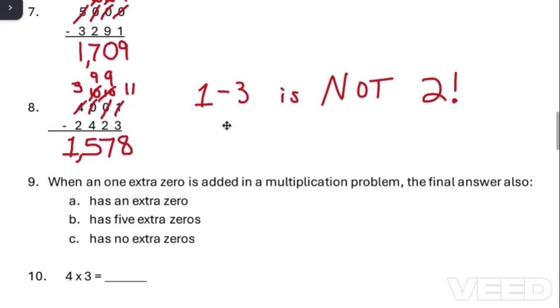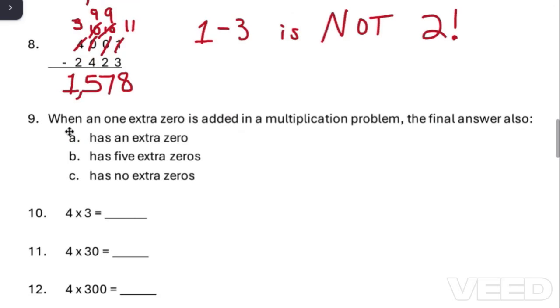Let's look at number 9. It says when an extra 0 is added in a multiplication problem, the final answer also A has an extra 0, B has 5 extra zeros, or C has no extra zeros. Let's think about this with a problem. So say we have a problem like 2 times 3.